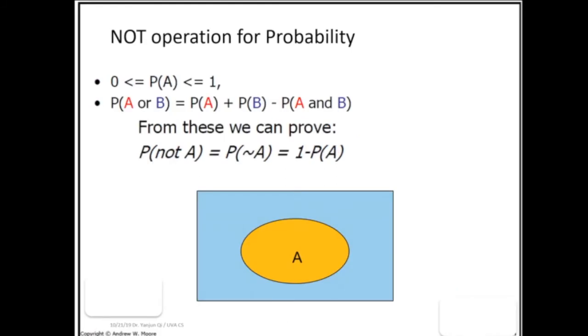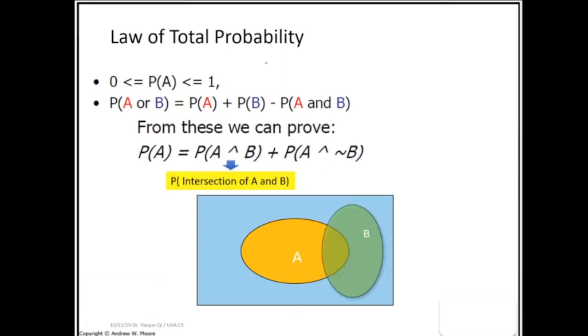And then it's also extending to the NOT operation for probability, right? P(not A): because A and not A are disjoint events, and their summation is O, the sample space, that's why P(not A) is equivalent to 1 minus P(A). Very, very basic. And then the other important one is called the law of total probability.